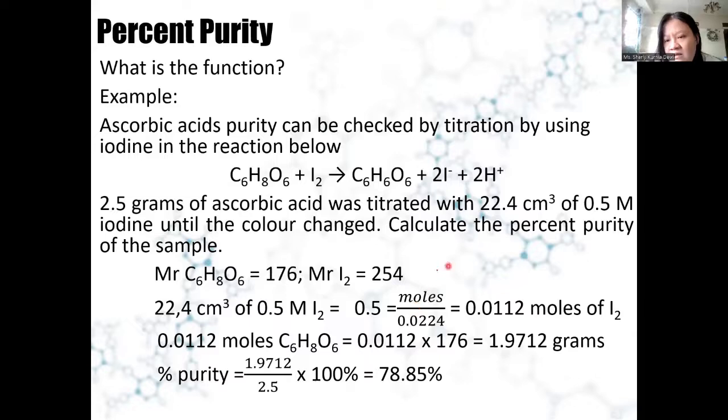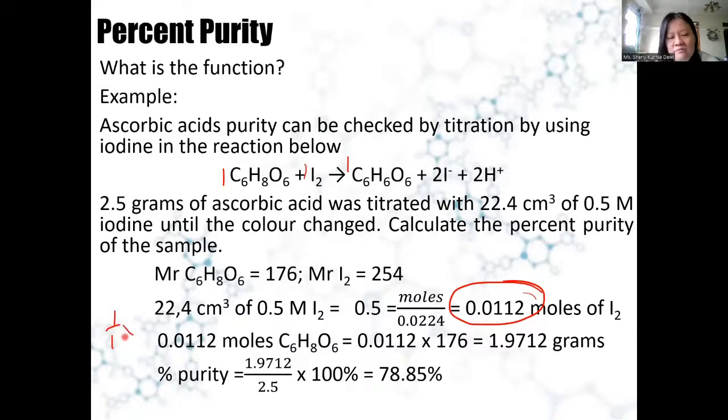All reactions need to be converted into moles, so we convert the volume into dm3 by dividing by 1000, giving 0.0224, and then multiply to get the moles of iodine.